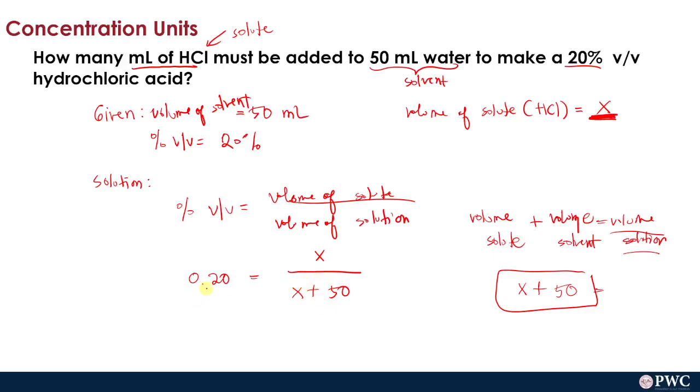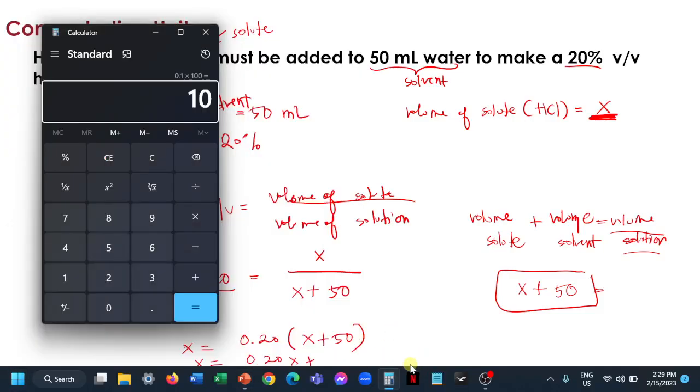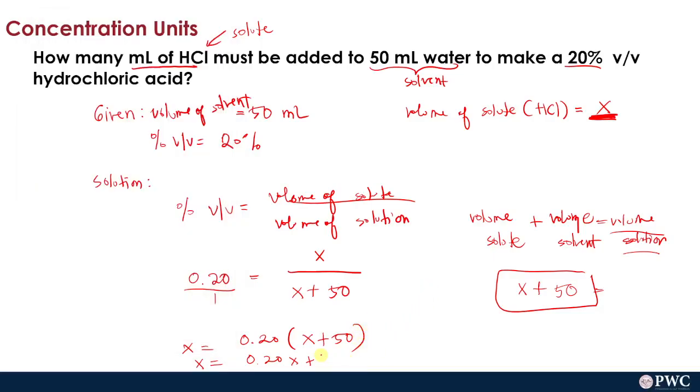What should we do? We can do cross multiplication. 1 times X is equal to 0.20 times (X plus 50). X is equal to 0.20X plus 0.20 times 50, which is 10.